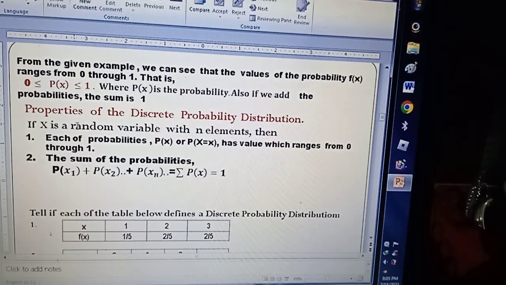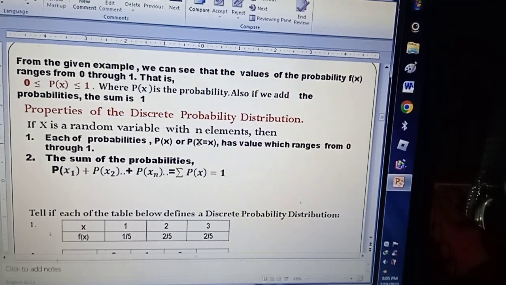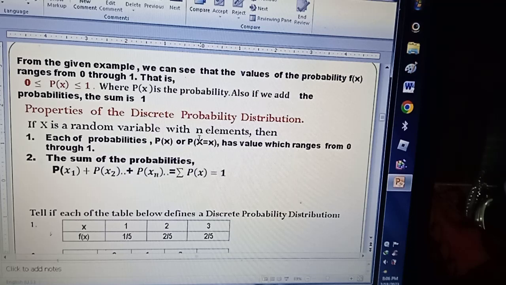If x is a random variable with n elements, then each of the probabilities p of x, or p of uppercase X equals lowercase x, has a value which ranges from 0 through 1. This is just the same as p of x, because other books write p of x as p of uppercase X equals lowercase x.